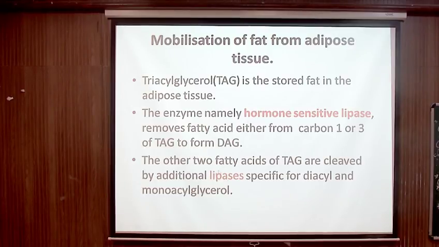Unlike the other lipases, which act on diacylglycerol and monoacylglycerol and are not dependent on hormones, the lipase which mobilizes fat from adipose tissue needs hormones, and that is why it is called the hormone sensitive lipase.